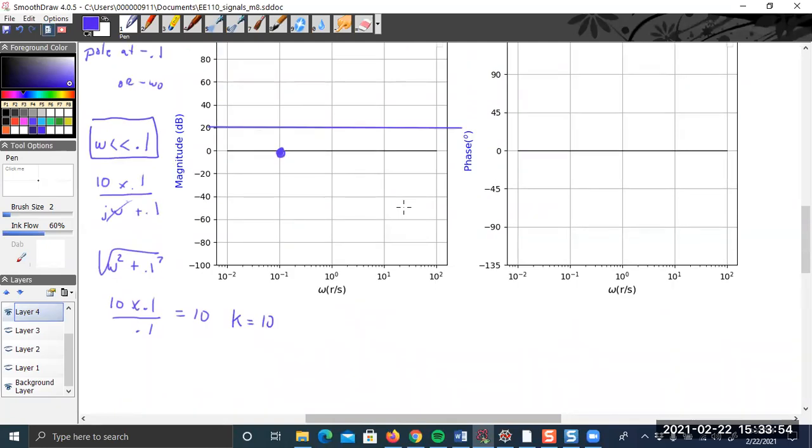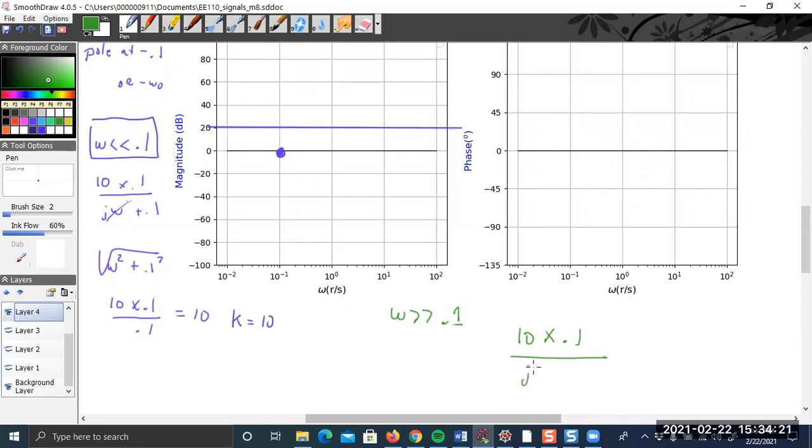Now I'm going to do a little math down here. We'll switch to green. Now, what if omega is much, much bigger than 0.1? All right, so I have 10 times 0.1. Now, omega here is so much bigger than 0.1.